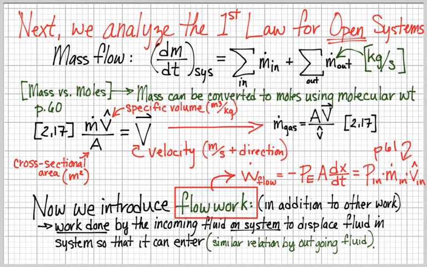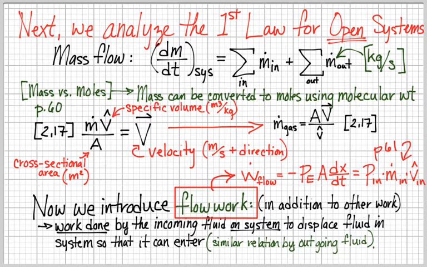Flow work, or the rate of work done by the flow of fluid into and out of the system, let's just use for one time, it's just the work going into the system, is going to be the pressure associated with the fluid going into the system times the mass flow rate going in times the specific volume going in. And so you see that there's pressure and volume together.